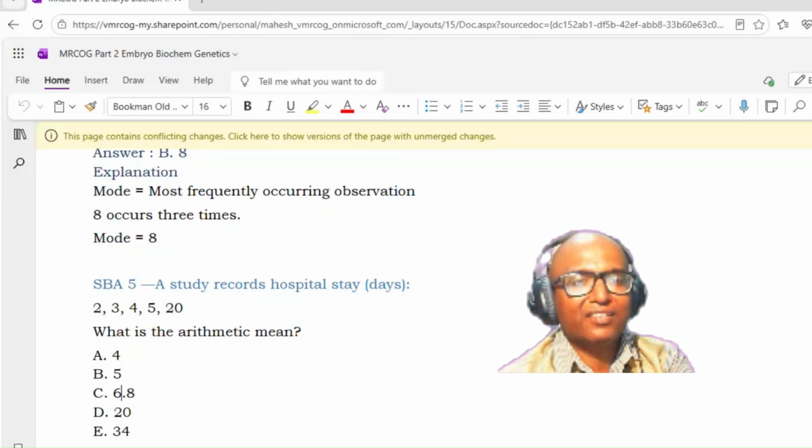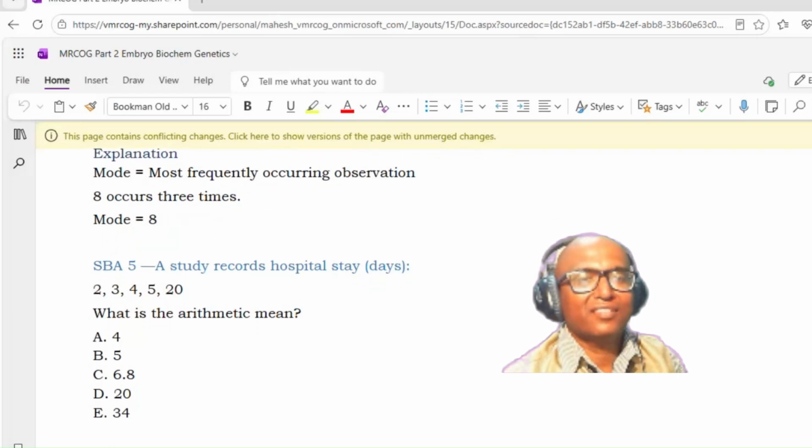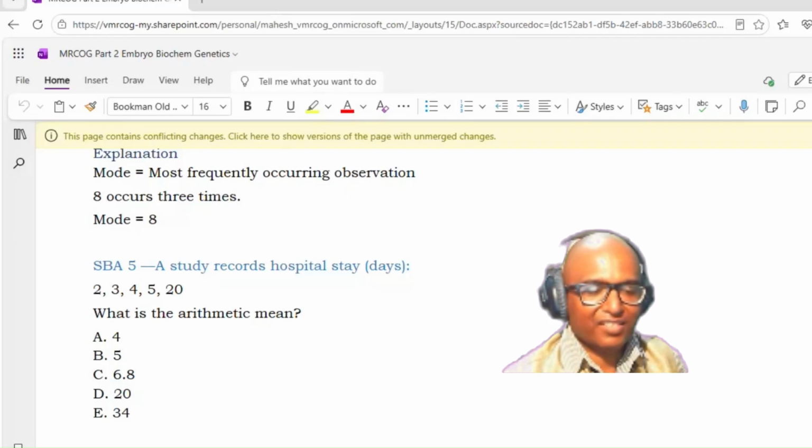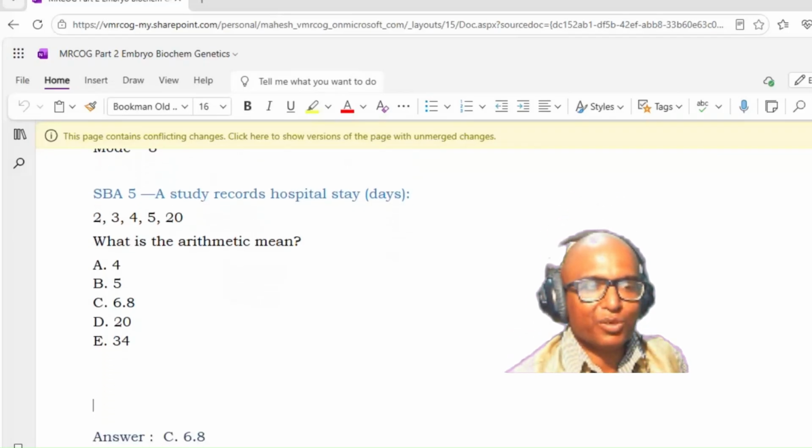Next. A study records hospital stay in days: 2, 3, 4, 5, 20. What is the arithmetic mean? So it is 6.8, C. Yes, 6 point something is going to come.